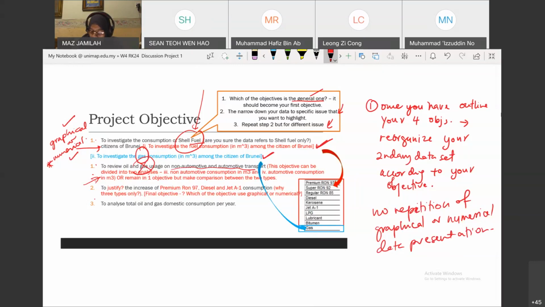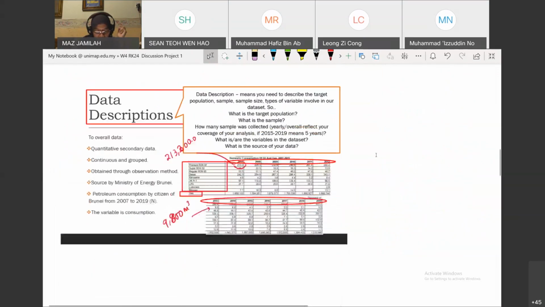So you have to make sure from one objective to another you are not using the same bar chart for the second objective, third objective. Okay, it will not be interesting that way. I hope I am answering your question just now.